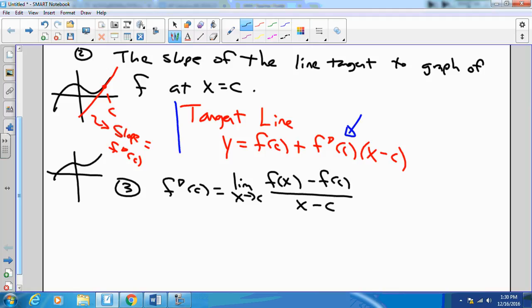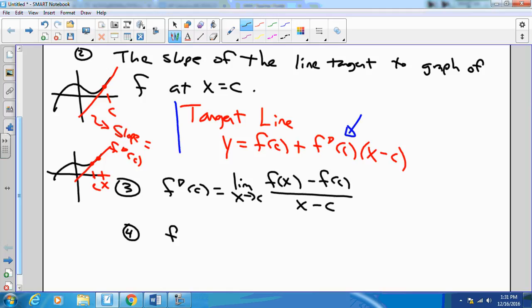And the picture here is again that I fix a point c, and I go out a small distance to a point x, and I find the slope of the line between these two points, and now I take the limit as x goes to c, and as I do, this secant line becomes a tangent line.